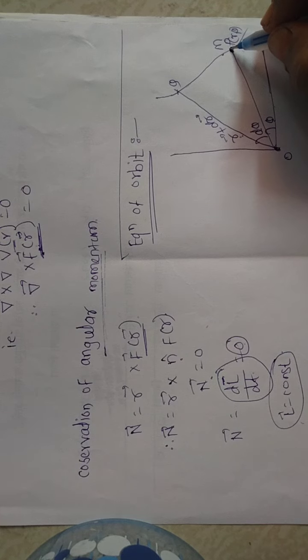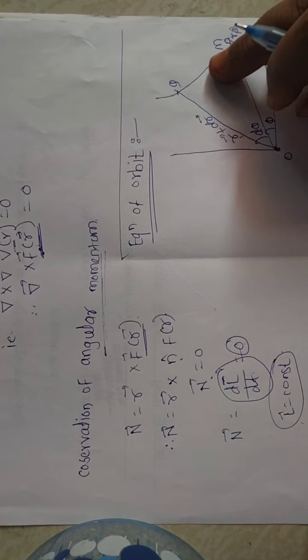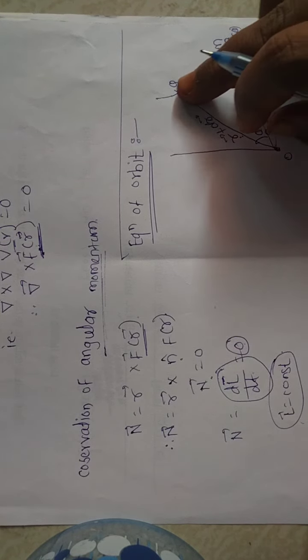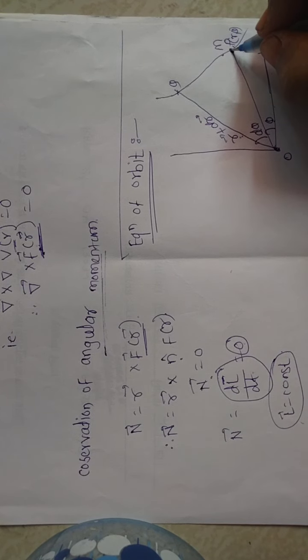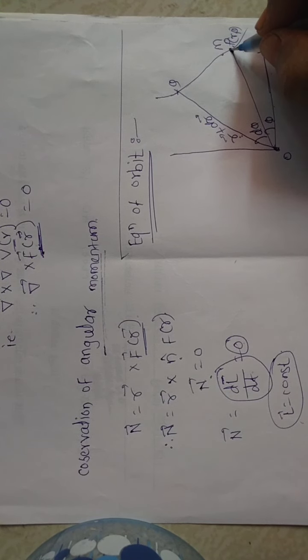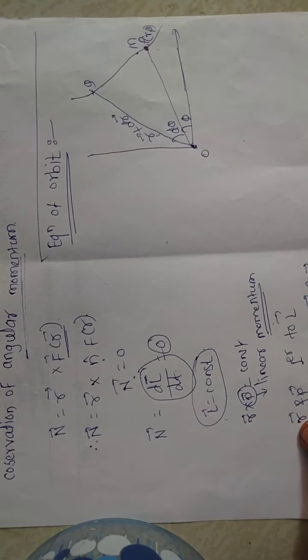Now the particle travels in a curved path in a two-dimensional plane under the action of the central force. This is the instantaneous position of the particle under the action of the central force.